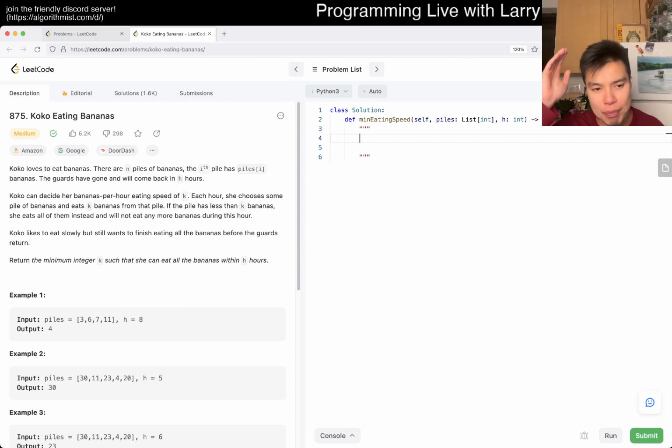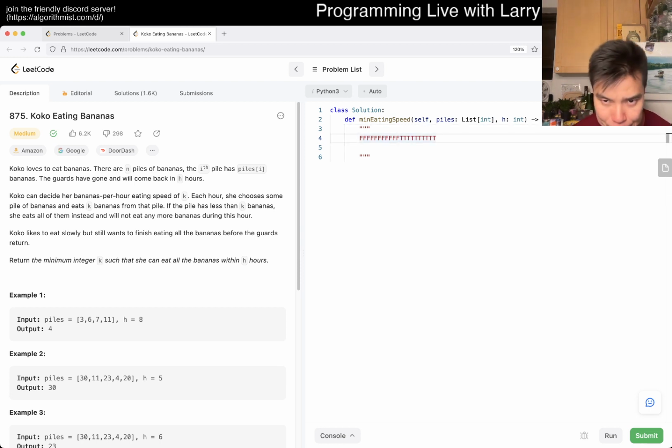And then it becomes possible at some point, and all the time after that it becomes possible. So in terms of true and false, you can think about it as a lot of false, and then a lot of true afterwards. And we're trying to find the first true point.